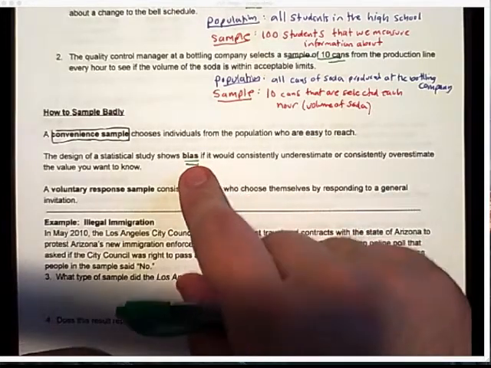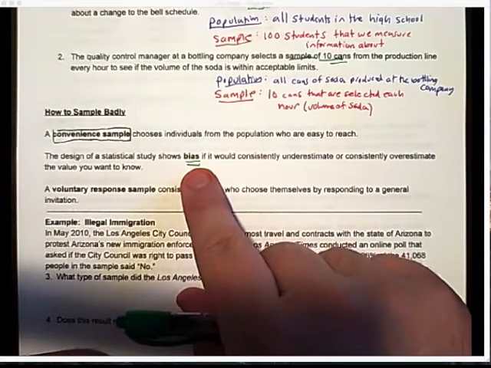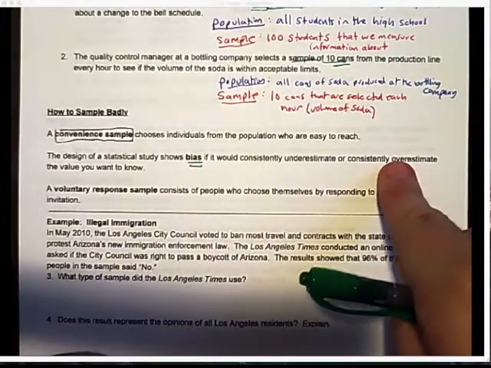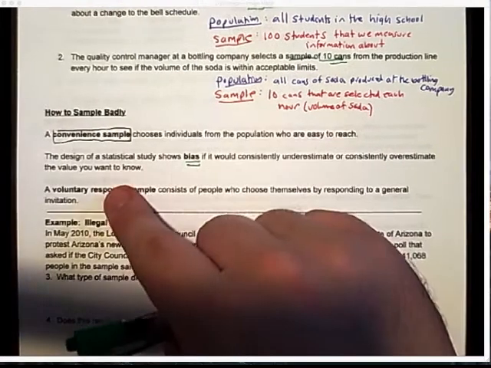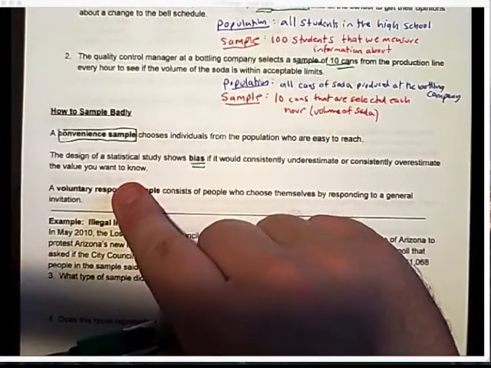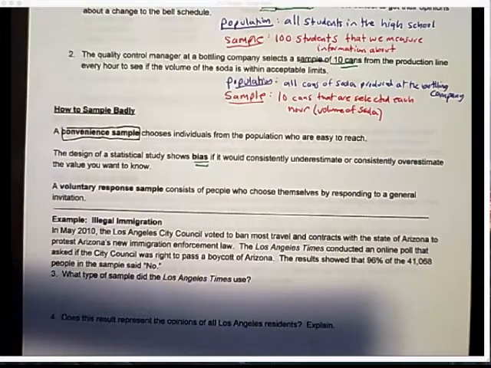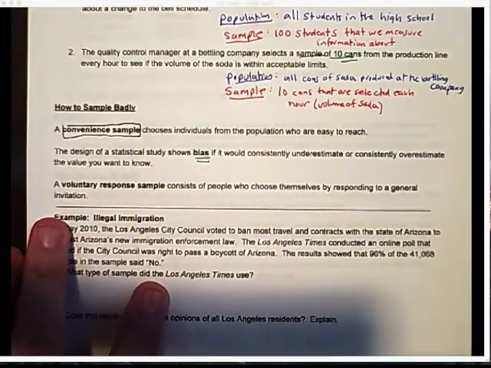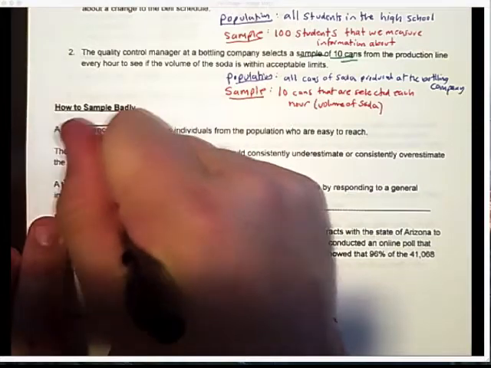Because if you just choose professional athletes to sample, it's going to consistently overestimate the value of salary that we want to know, because professional athletes are paid way more than the typical American. Okay. And then another type of sample is called a voluntary response sample.